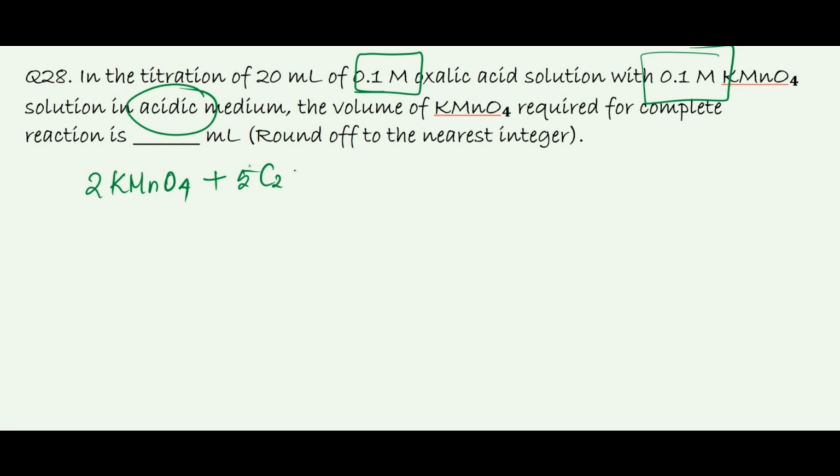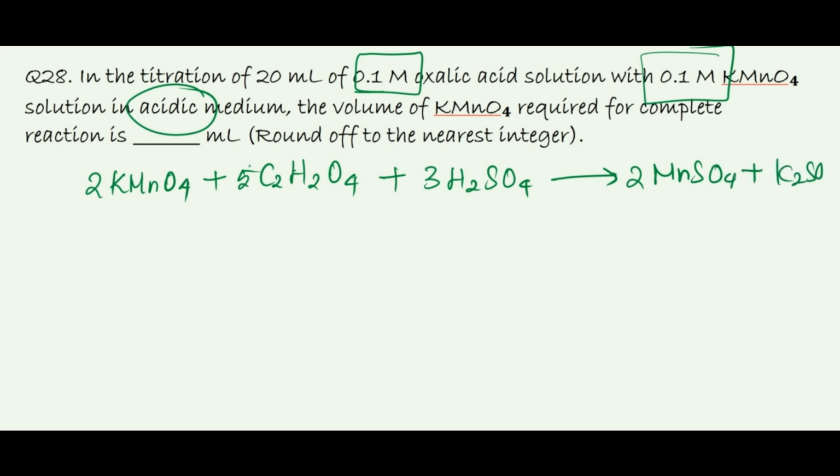Correct. So here you can see the oxalic acid is reacting with KMnO4 in the presence of acid to give MnSO4, K2SO4, CO2 and water.